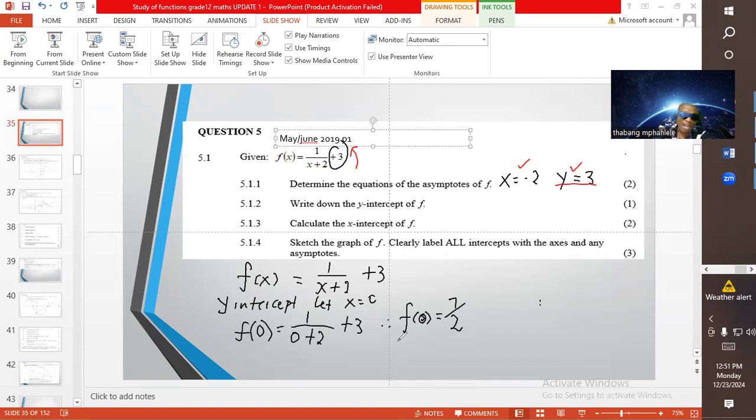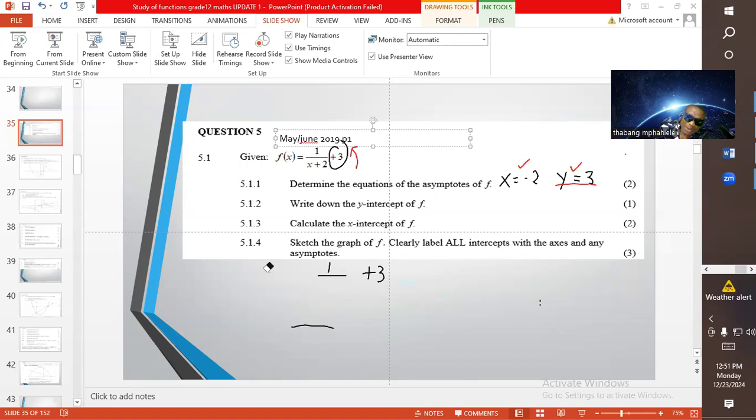Now they are saying, calculate the x-intercept on 5.1.3. I love the way this examiner brings the questions, because on the first question, the examiner said, give us the asymptote. On the second question, the examiner said, give us the y-intercept.